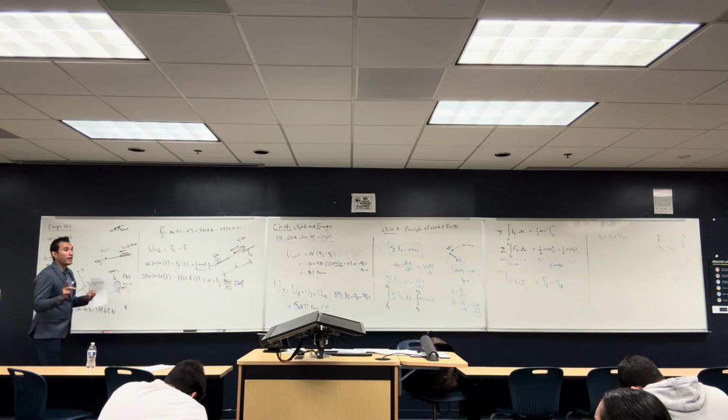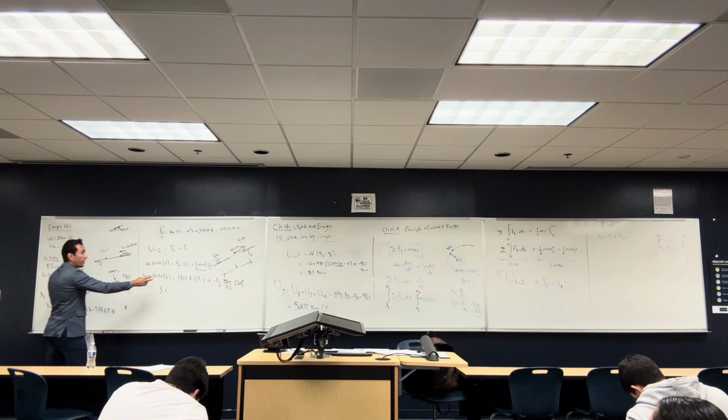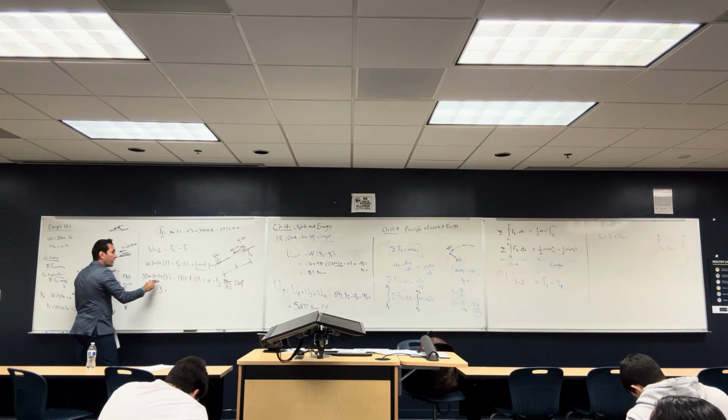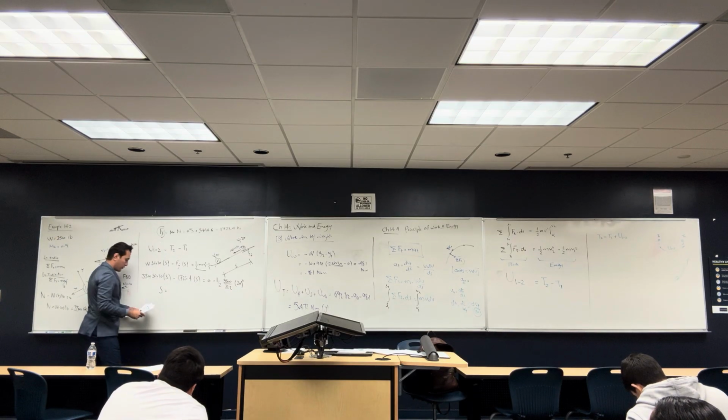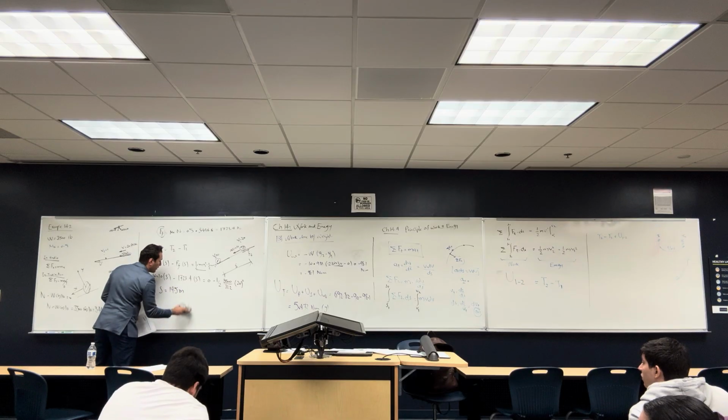So this is one equation in S. You can take S as a common factor and divide, and it's going to give you that S is equal to 19.5 feet, not meter.